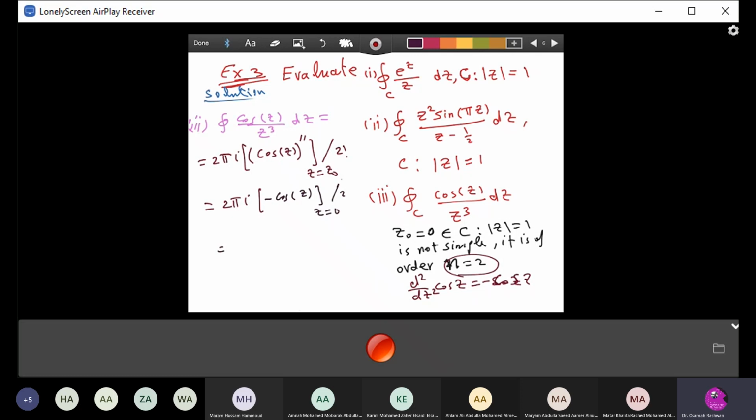Now I have 2 pi I times minus cosine 0 over 2. This 2 will be cancelled out with this one, so I have minus cosine 0, which is 1, so I have minus pi I. Catch it?